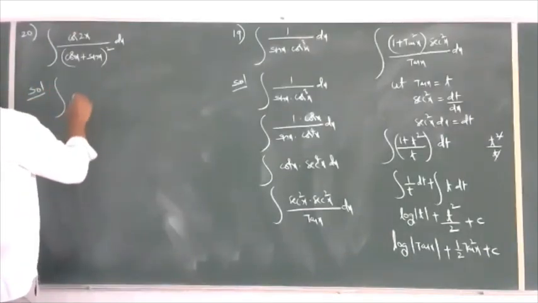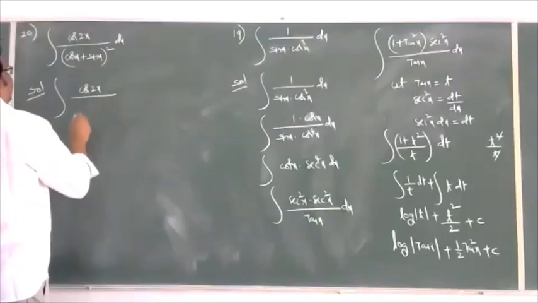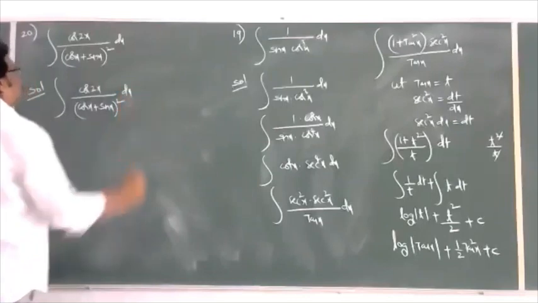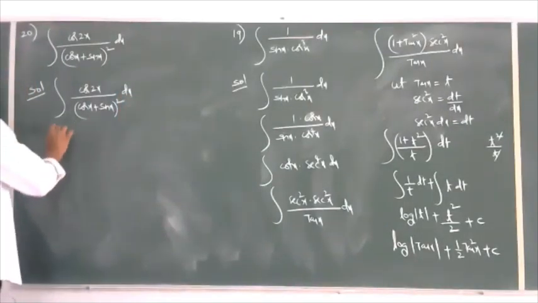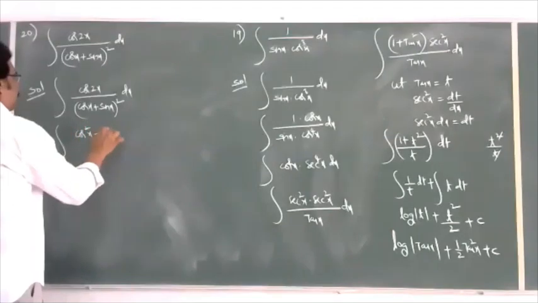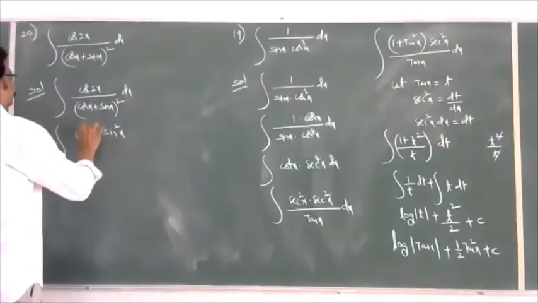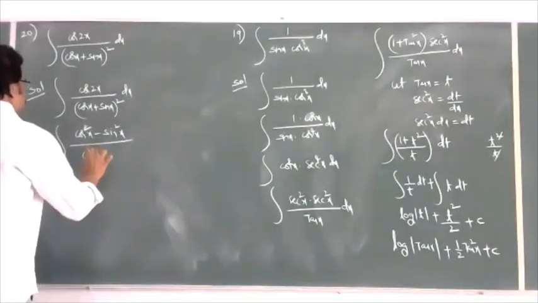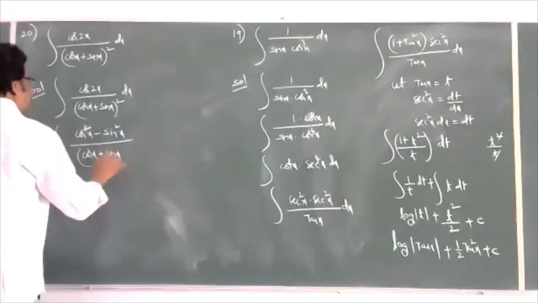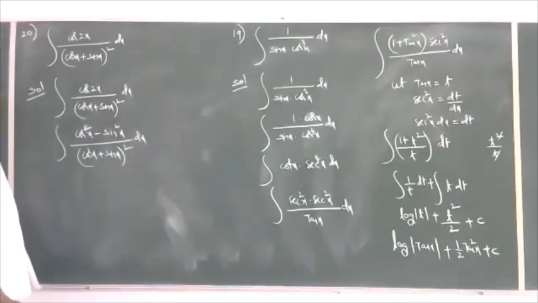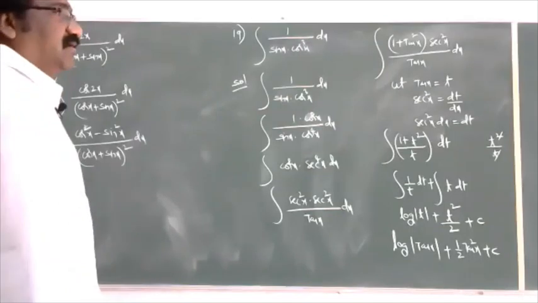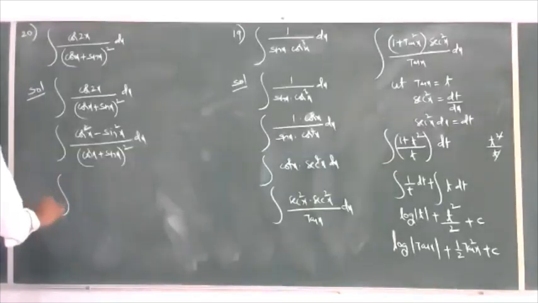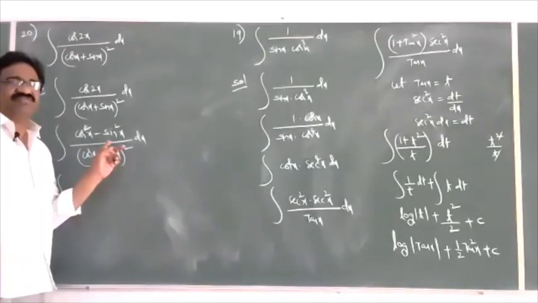Solution. Integral cos 2x by (cos x plus sin x) whole square dx. So cos 2x is cos square x minus sin square x, by (cos x plus sin x) whole square into dx. This is a square minus b square form.